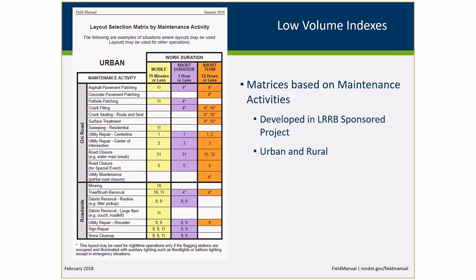Instead of looking at what lane needs to be taken and what the length of it needs to be, we're looking at what the maintenance activity is and what's an appropriate layout for that maintenance activity. This was developed with the help of the local road research board, identifying specific maintenance activities and the appropriate layouts for them, to make it easier for townships that only have to use a couple of these to dig into just these layouts.